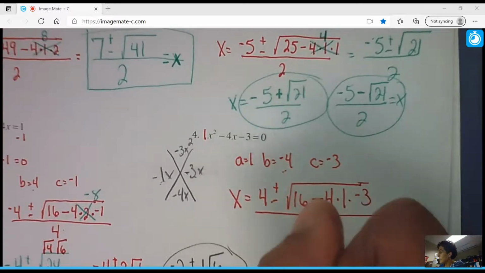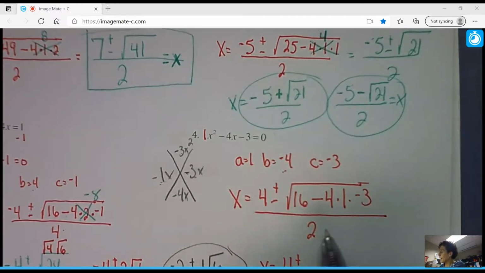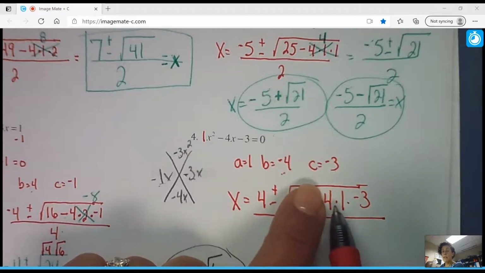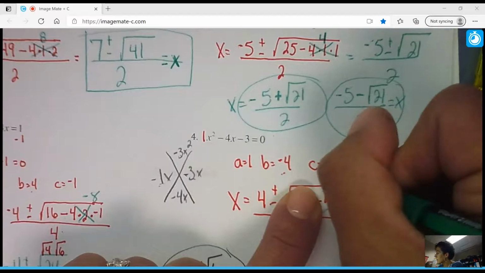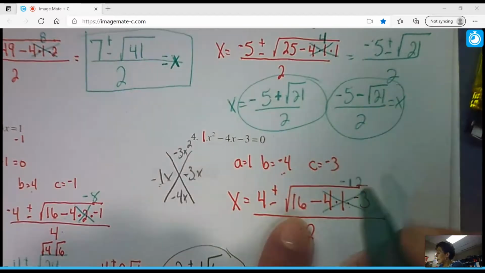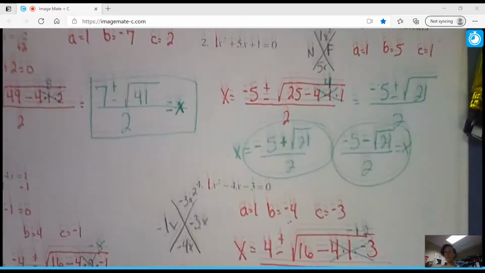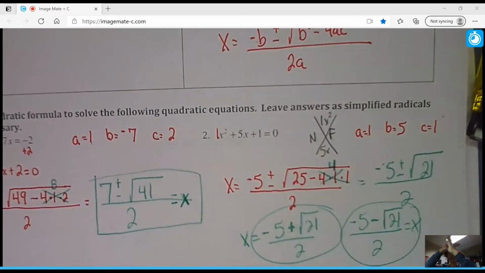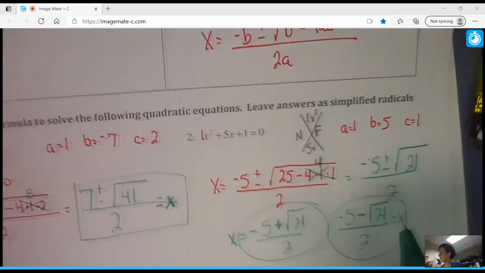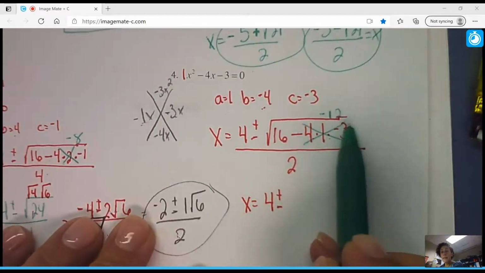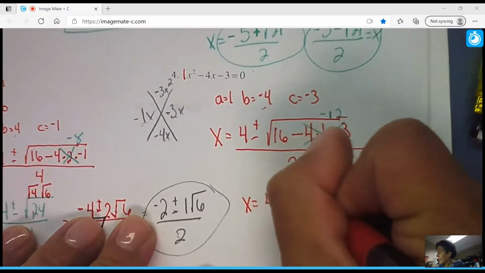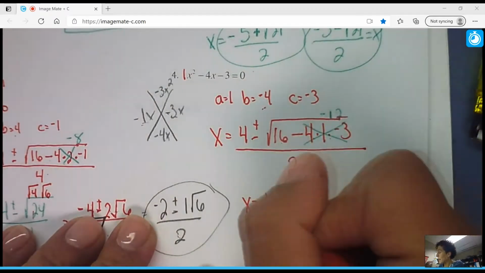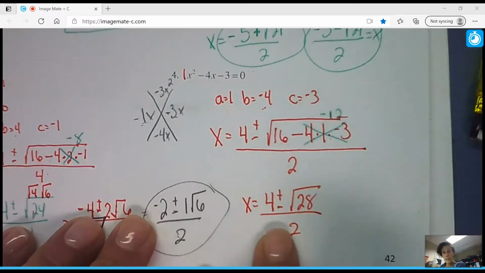So coming down here, I'm going to go to my radical, start with the multiplication, so 4 times 1 times negative 3 is a negative 12, and again, you're subtracting that negative. So when you put those together, that's just like adding 12. So it's going to be 16 plus 12. So in that check mark, I'm going to get a 28 because 16 plus 12 is 28 over 2. So good answer.